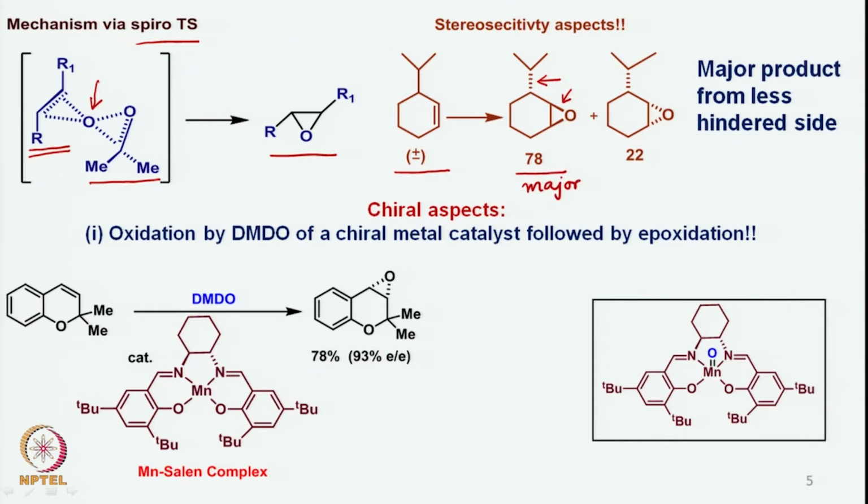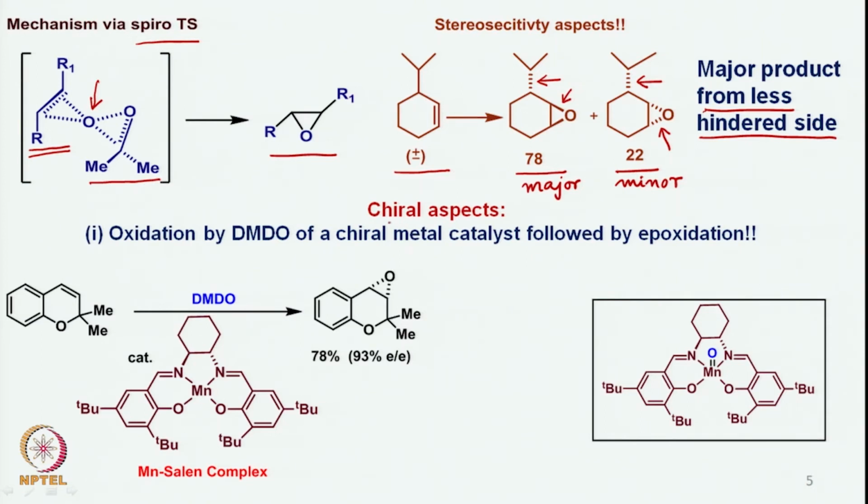On the other hand, the cis product, where the epoxide and the isopropyl group are cis to each other, forms in a minor way. So it is very clear that the major product is formed from the less hindered side. Of course, here we are talking about relative stereochemistry, not absolute stereochemistry, because we started with a racemic compound.